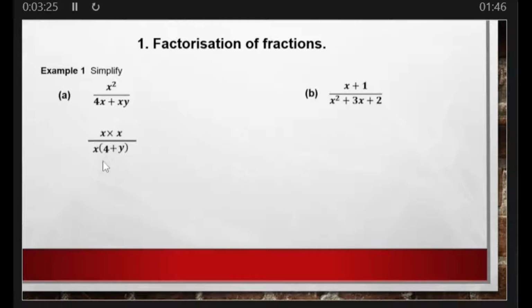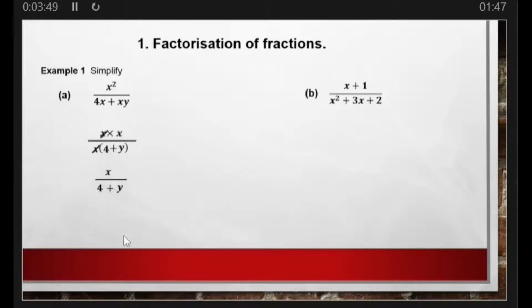Hence here, according to mathematical rules, we are allowed to cancel out what is common here. So x and this x will be cancelled, so we'll remain with x here. Then we'll say over, we'll remain with 4 plus y. So that's how simplification of this one is going to be. So we cannot simplify it any further.